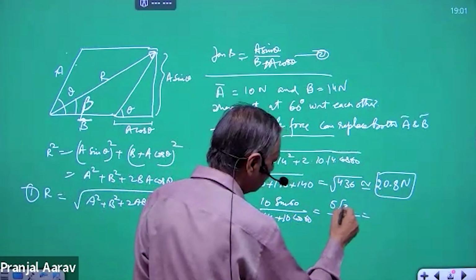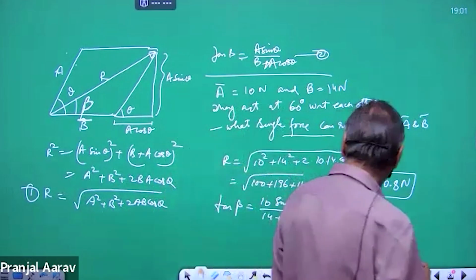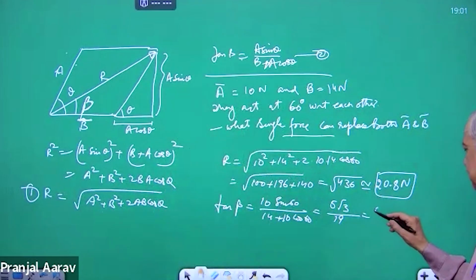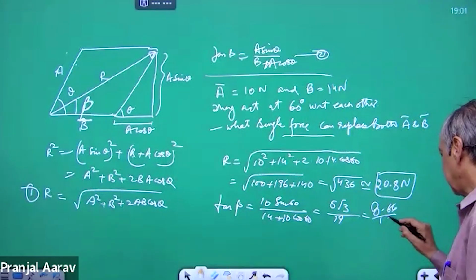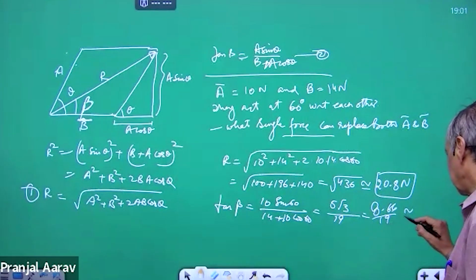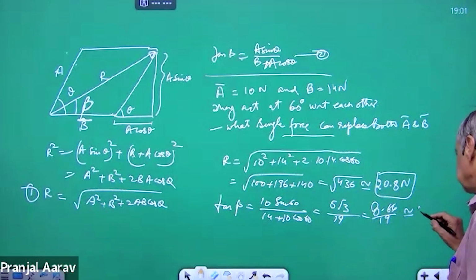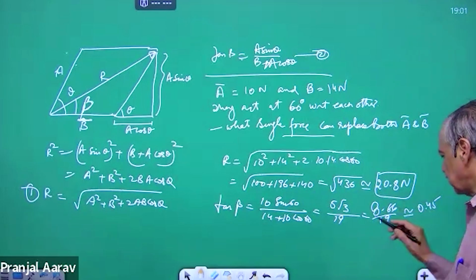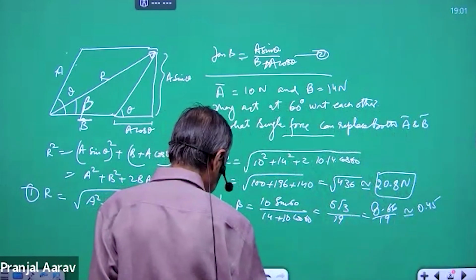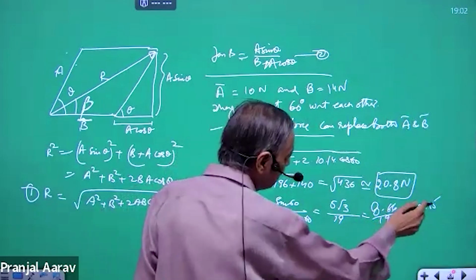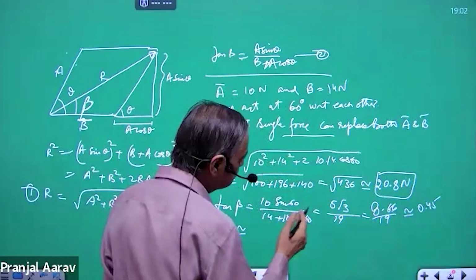Okay. So 5 root 3 is approximately 8.66. 8.66 divided by 19 is approximately 0.45. Okay. So beta is approximately 22 degrees.